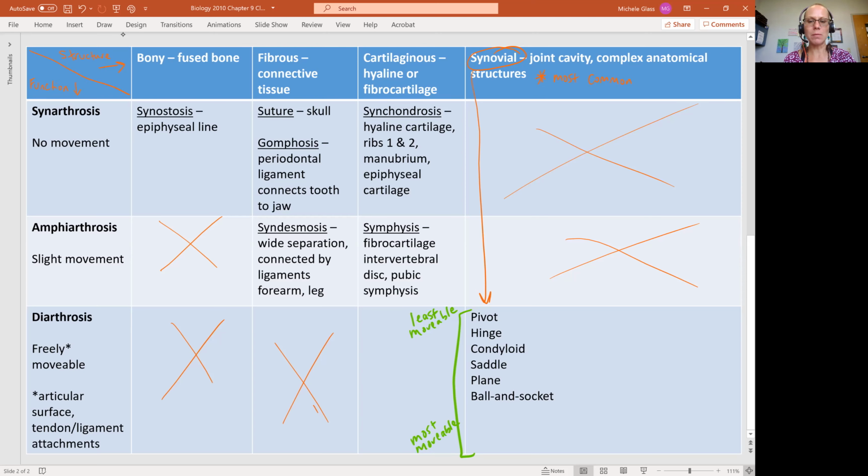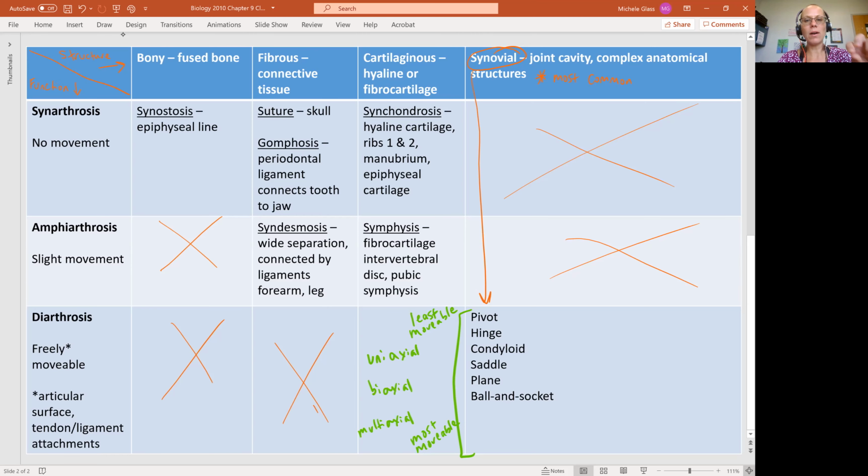And when we talk about them as being least movable versus most movable, we can describe them using these terms: uniaxial, and then we have biaxial, and then we have multi-axial.